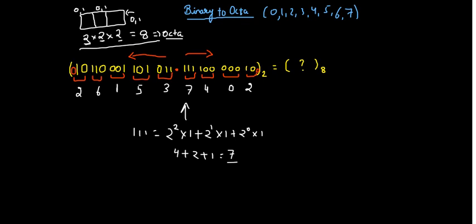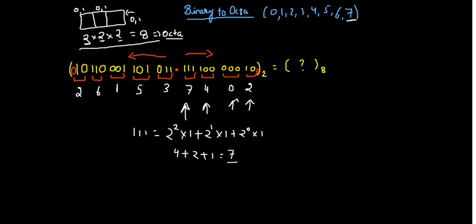The highest number in the octal system is 7, and that is when everything is on, just 1 1 1. Similarly we have 4 here, similarly 0, and similarly 2. So what is our final answer?